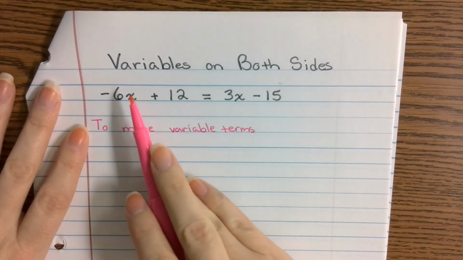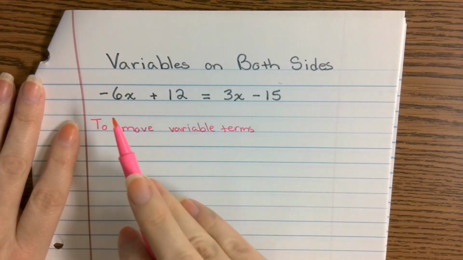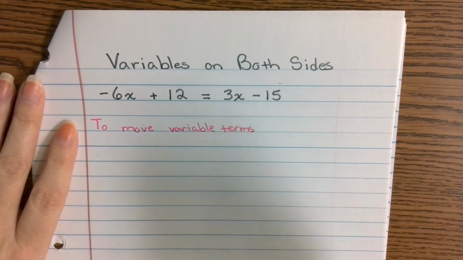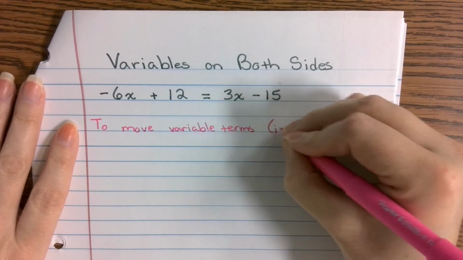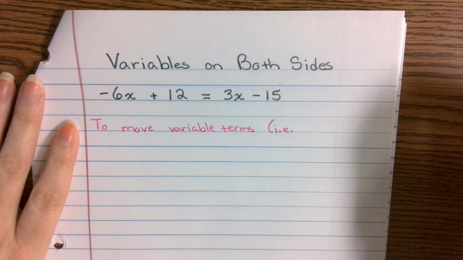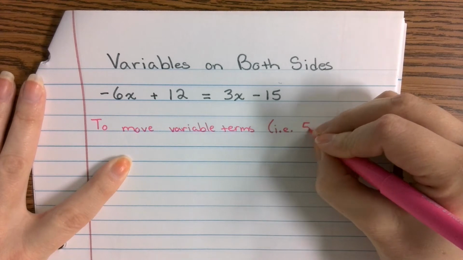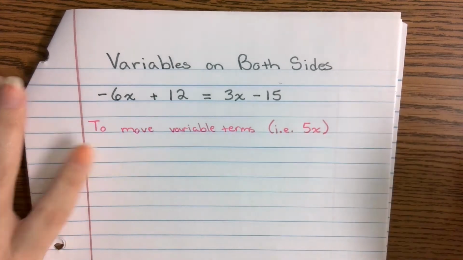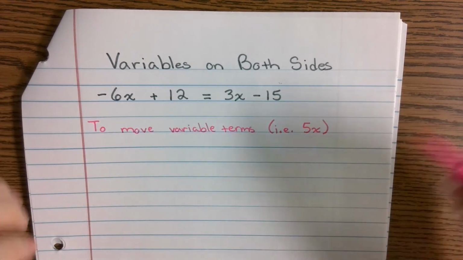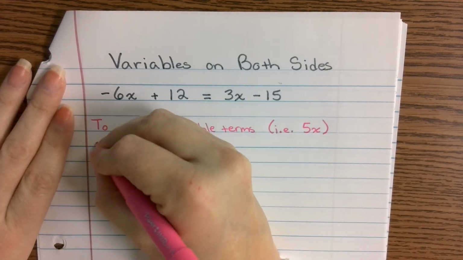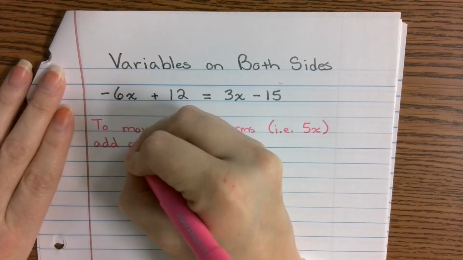But if we want to actually move the variable, that also is going to require addition or subtraction. So again, if we want to move a variable term, like for example 5x, if I wanted to move 5x to the other side of my equation, then I would have to do so by adding or subtracting.